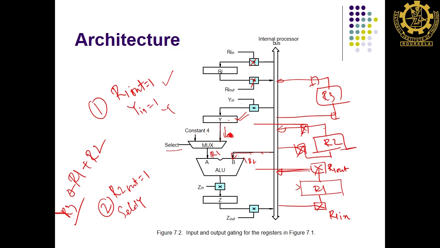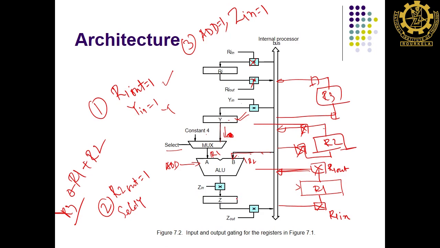Now, what do we have to do? We have to add. Therefore, there should be a signal, add. So the third step will be: add should be on. Add is a signal also. Next, what do you have to do? Now the ALU will do the addition and it will store in the register Z. Therefore, Z in should be 1.